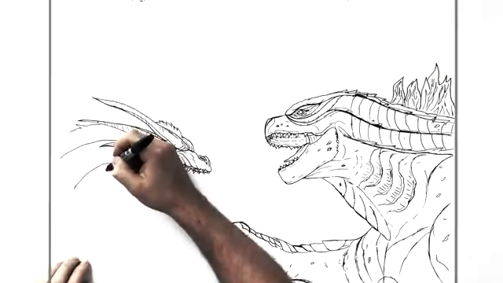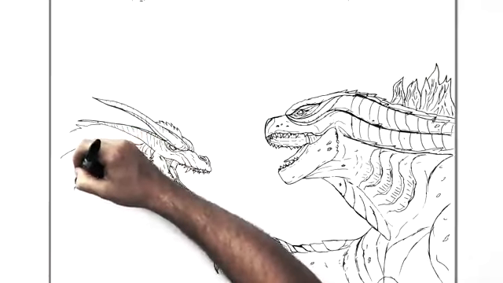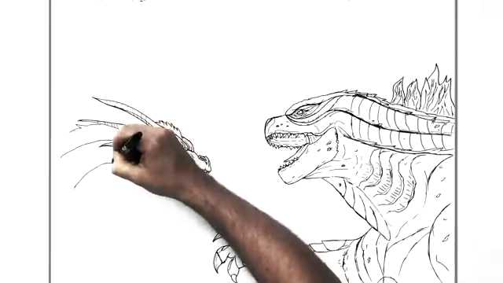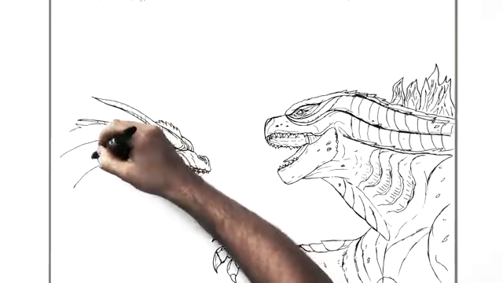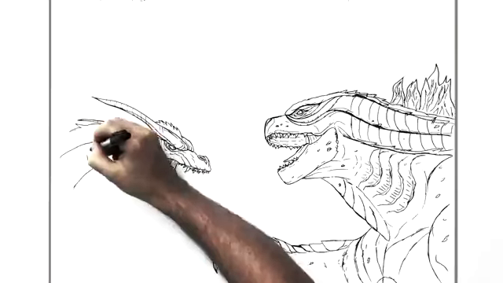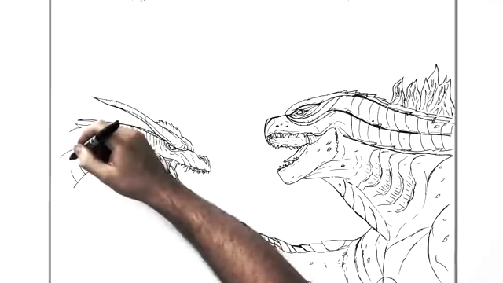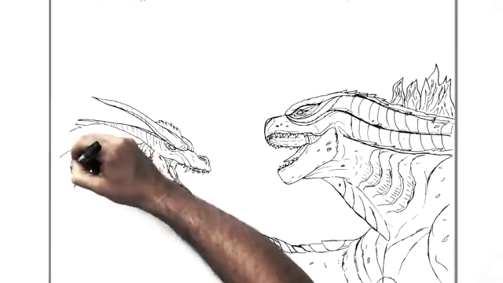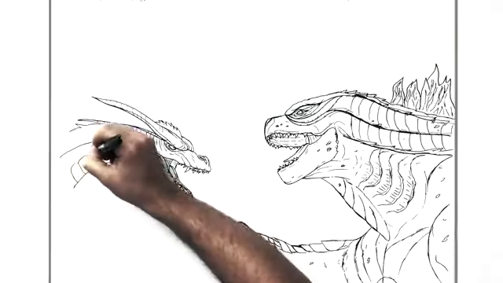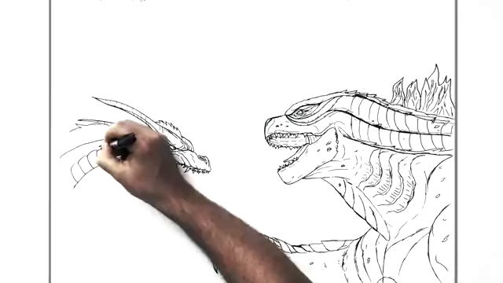Then we can have neck armor scales, kind of curving this way. We'll just curve them up.